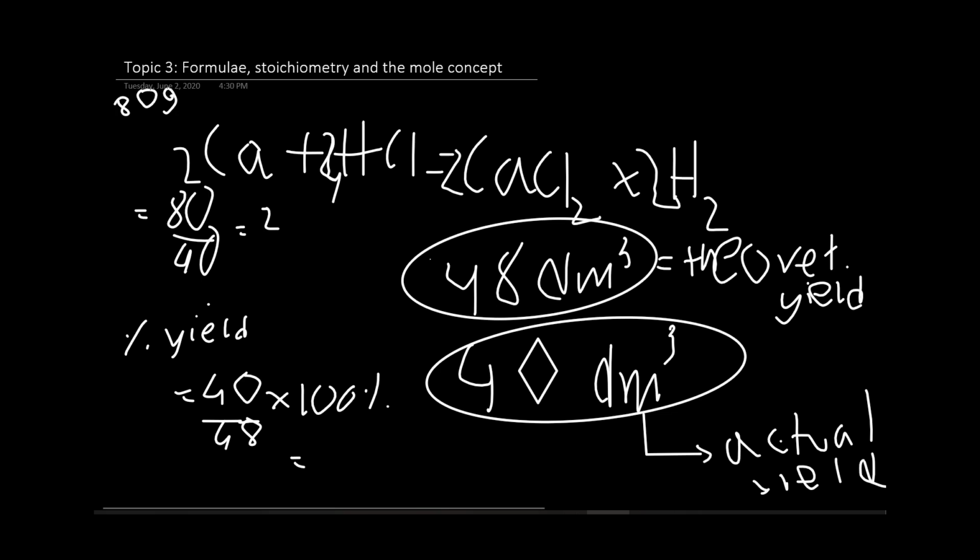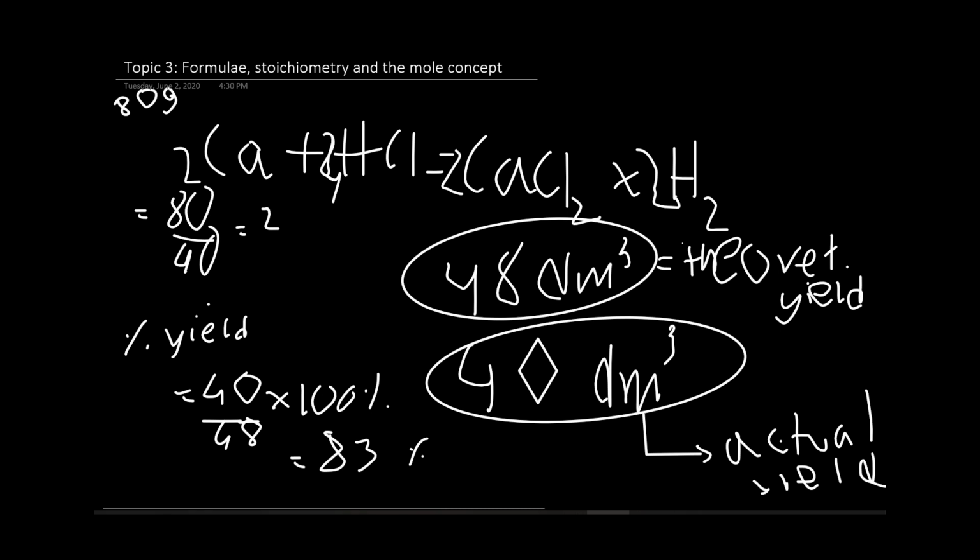So we have 40 divided by 48, which is basically 83.3. We can round it by writing 83%. So 83% is your percentage yield of hydrogen in this particular reaction.